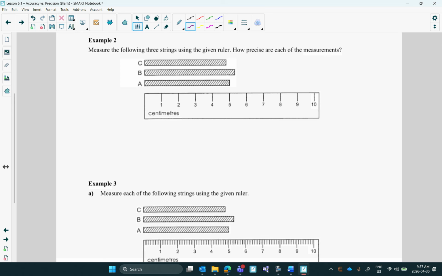what's the precision of the ruler that you're given there? Nearest one centimeter. That's the best we can do. So C is closest to which whole number?